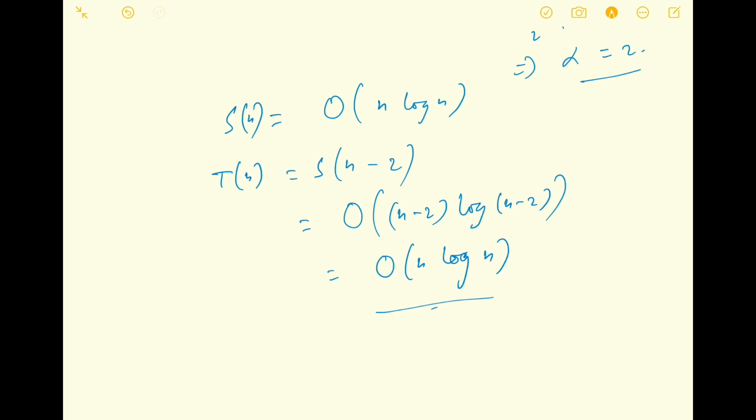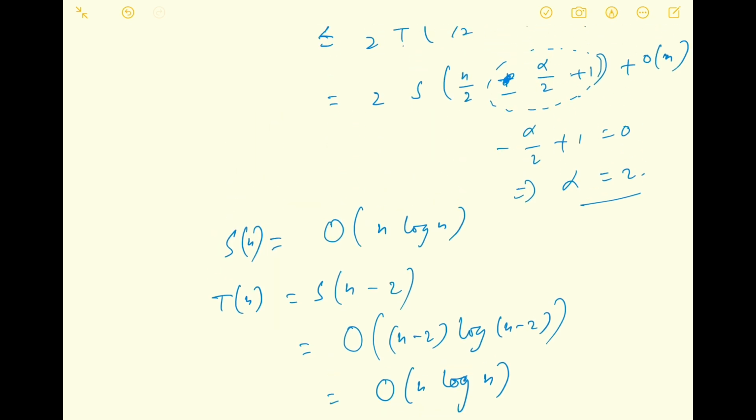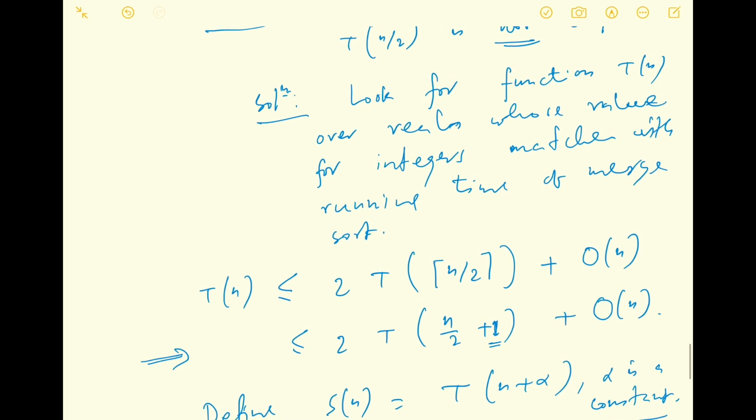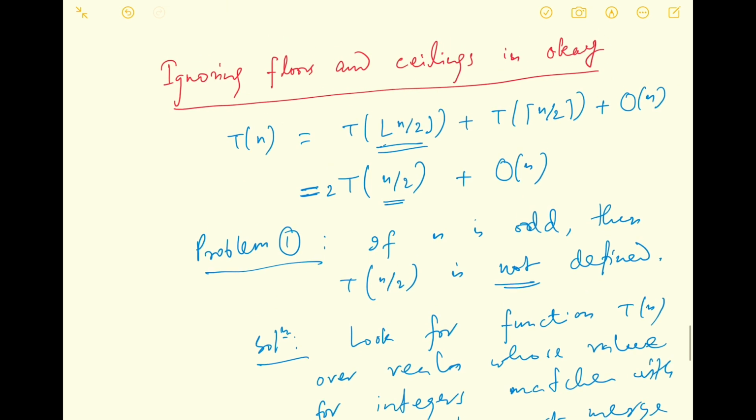So just do this calculation once in your lifetime, just to get convinced that if we are interested in asymptotic behavior, we can simply get rid of this ceiling and floor business. And here is the formal justification why. That's why I said that this equality is a correct mathematical statement, because we are writing big O here.